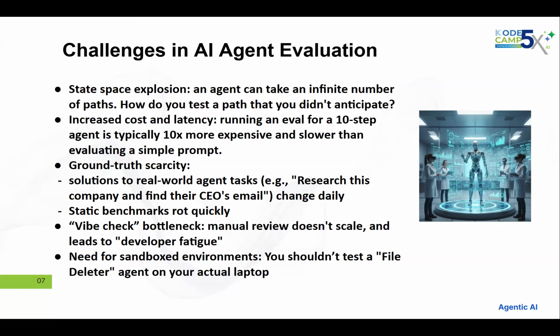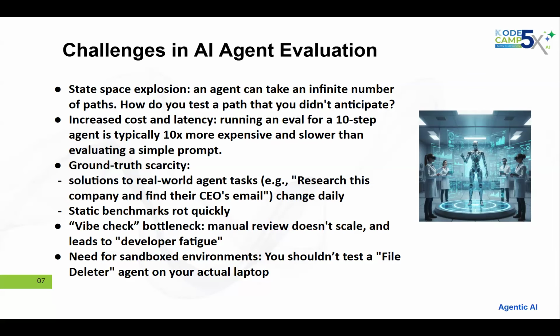So that's the challenge. And then, depending on the agent and the privileges it has, you may need to sandbox its execution. For example, in our discussion where we talked about the agent unintentionally deleting a file, you shouldn't run such an agent on your actual system machine.